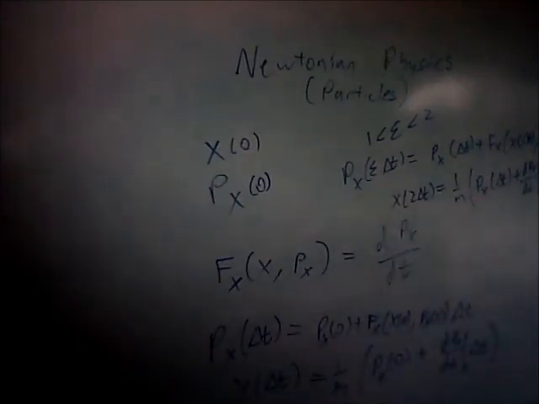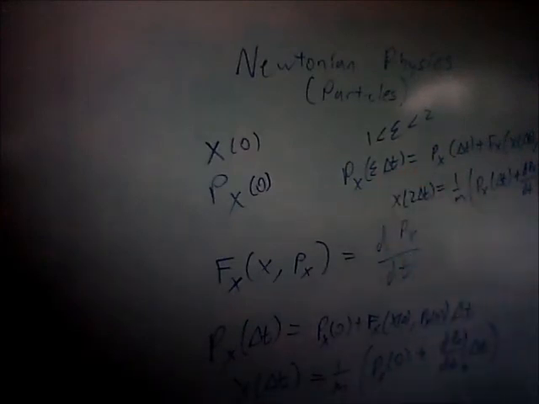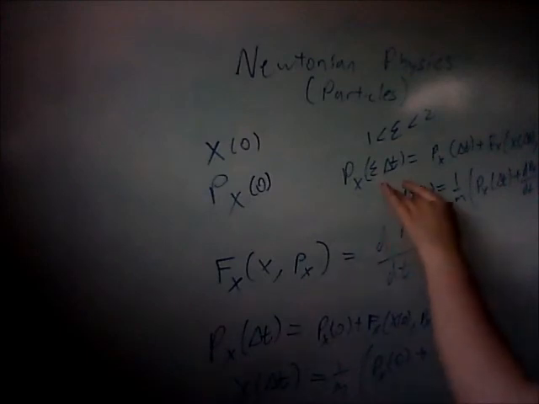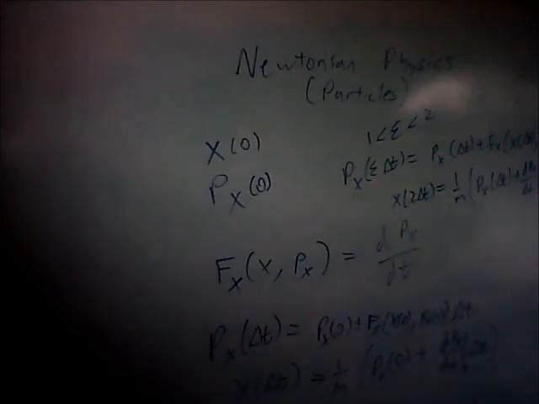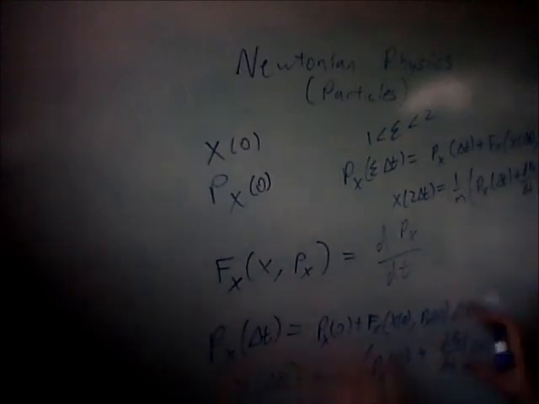Once you get this, take this out to 2 delta t, then you can use 2 delta t inside as the arguments of these functions, and that will give you a variable for p sub x up to 3 delta t. And the smaller these intervals are, the more accurate you will be able to make these evaluations.